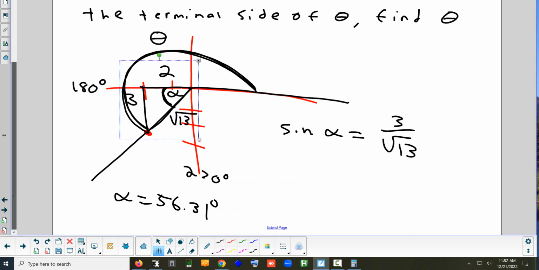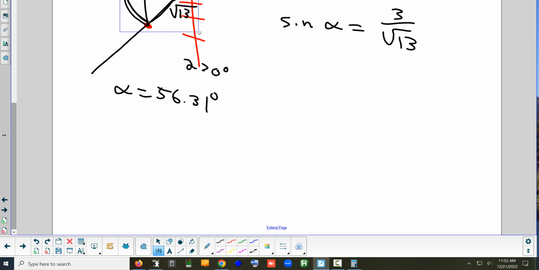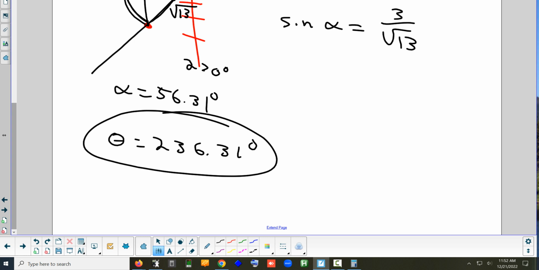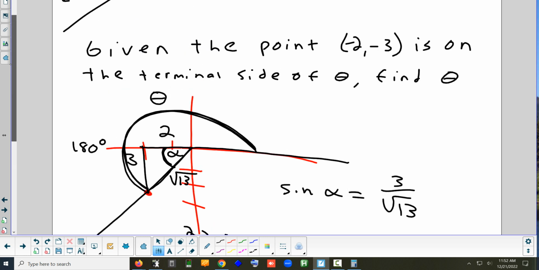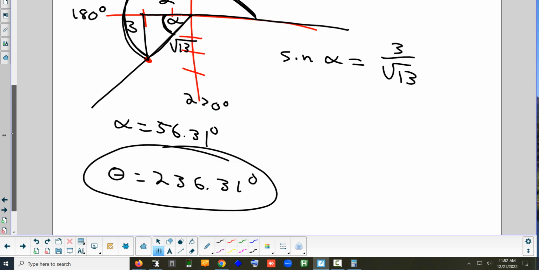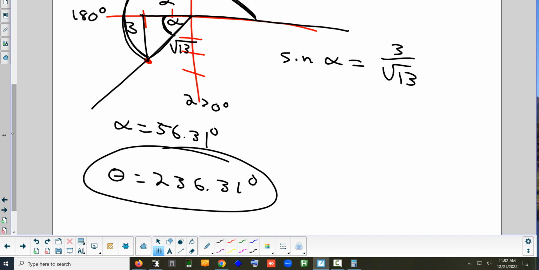So what is 180 plus 56.31? 236. 236.31. And that's the angle that they wanted in this problem. And you did that by adding 180 to that. We added 180 to our reference angle. Yep.